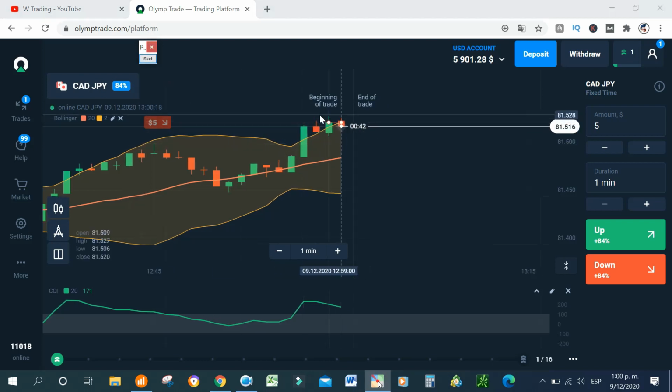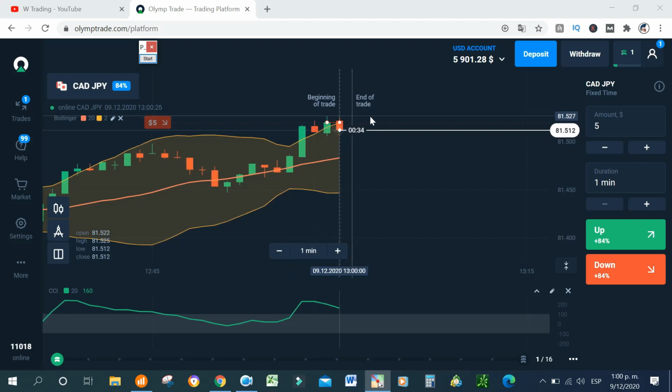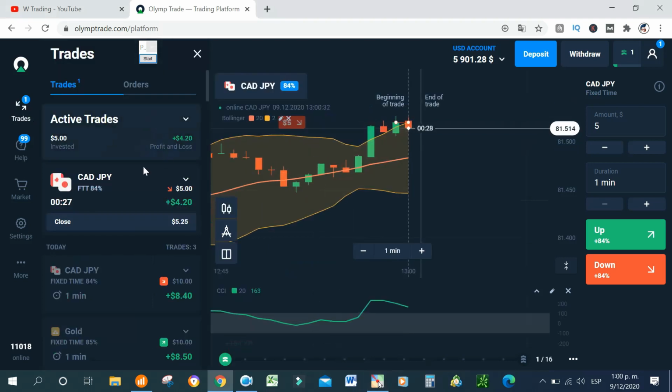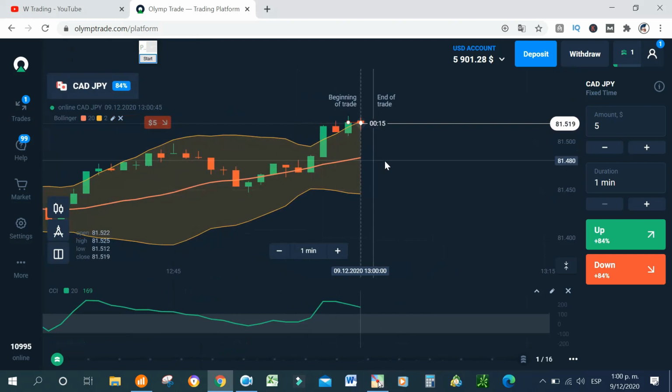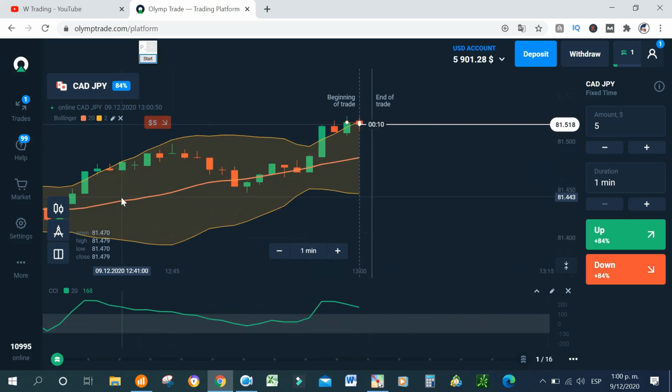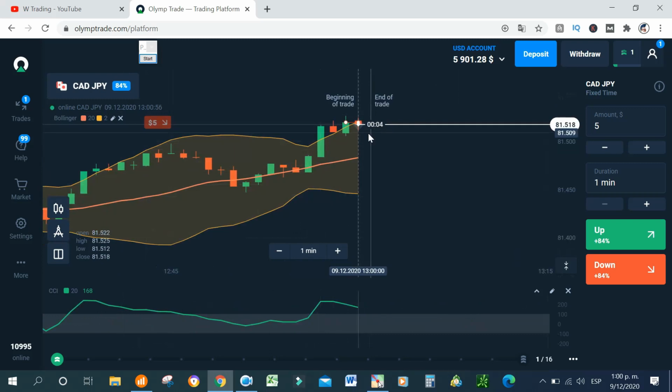So what I think is that the market is rejecting this level. We are winning this one. We are missing 22 seconds, so we just need to wait and see if we can win this one. And I told you at the beginning, it's a little bit risky because the price is trending higher and higher, and just made a new high before this trade.